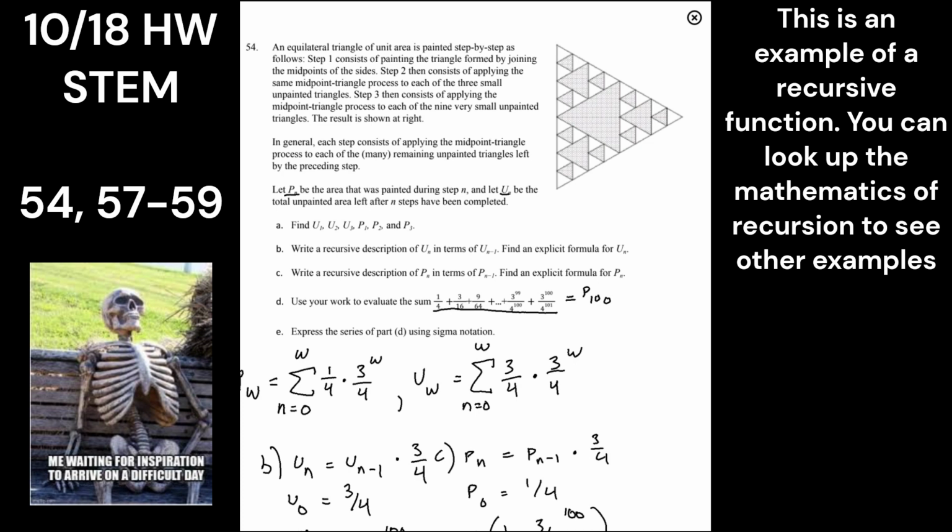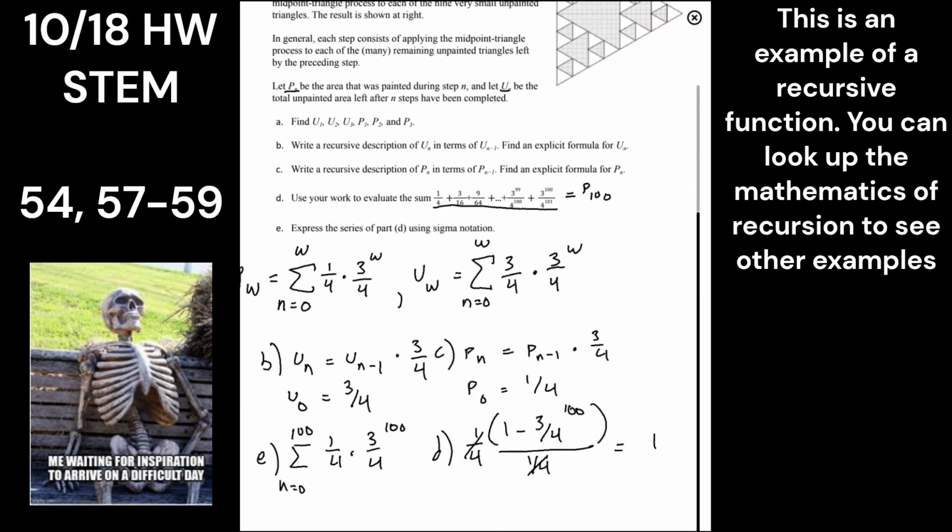And then for A, now we're going to go back to the problems we're supposed to solve. P1 should just be 3 over 16. And by the way, I'm just using these numbers right here, not copying from anything else. P1 should be 3 over 16. P2 should be 9 over 64.